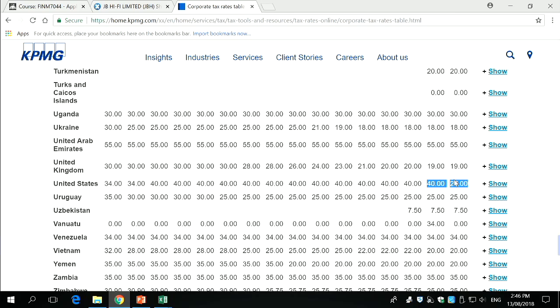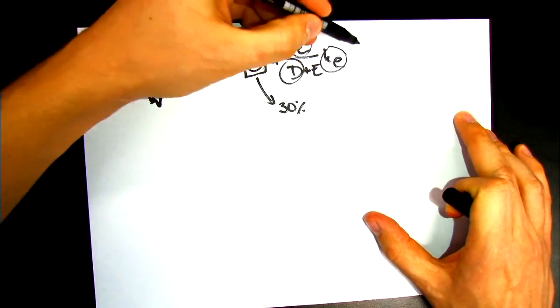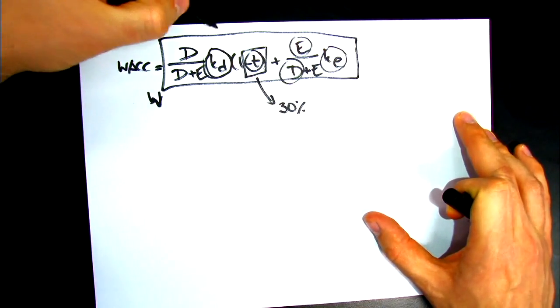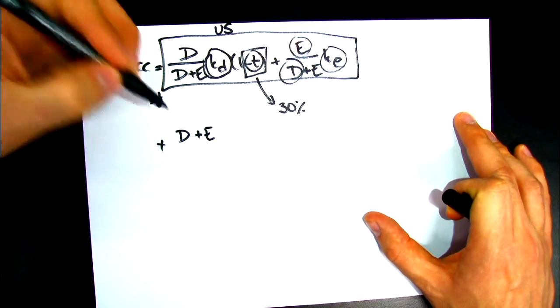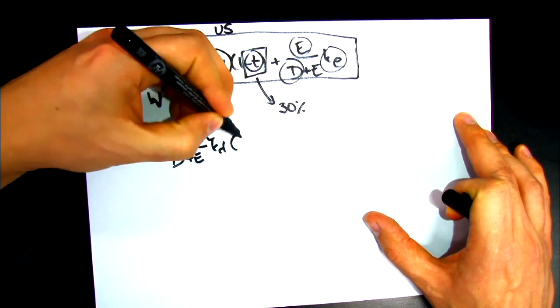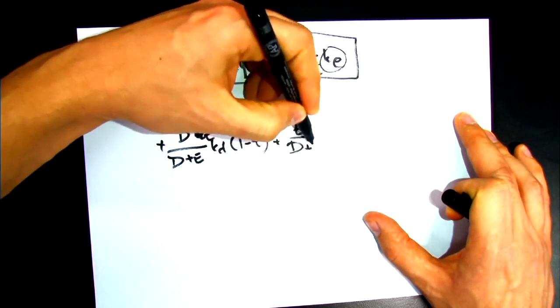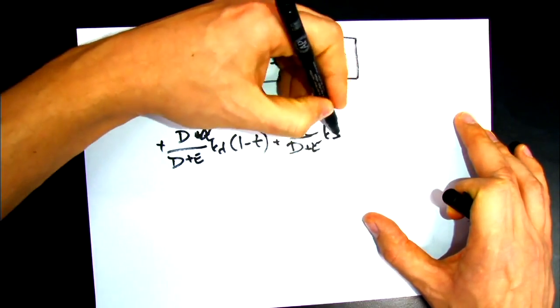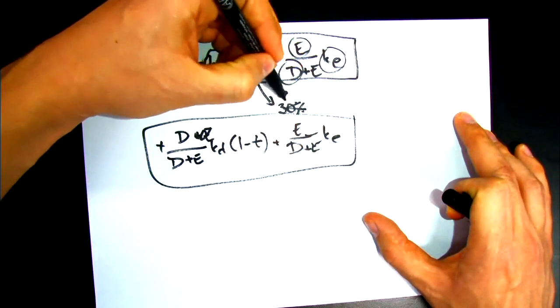So what you would probably do in reality is expand your WACC to have a US section, and then another term for the Australian section. This would be Australian, and this would be 27.